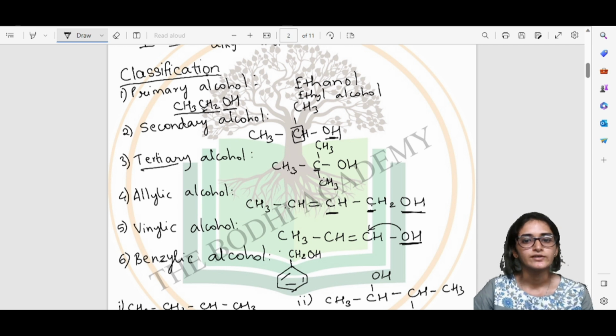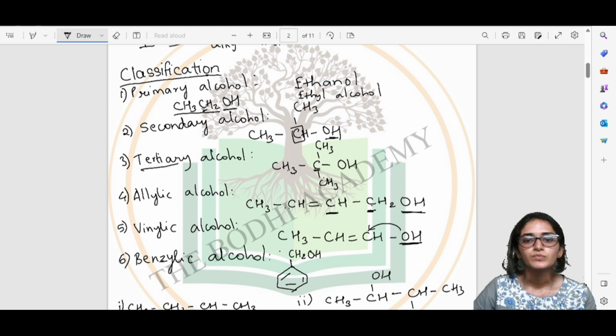Now this is a secondary alcohol. In secondary alcohol, we see that 2 carbons are attached to the carbon which is directly attached to the OH group. So this is OH, CH and CH3. Now while writing the IUPAC name, you must have studied the rules in the first chapter and last year also.